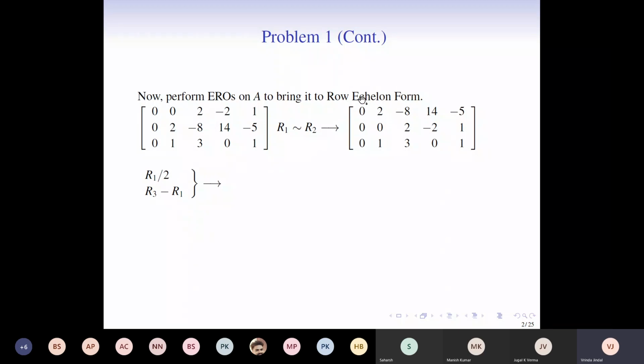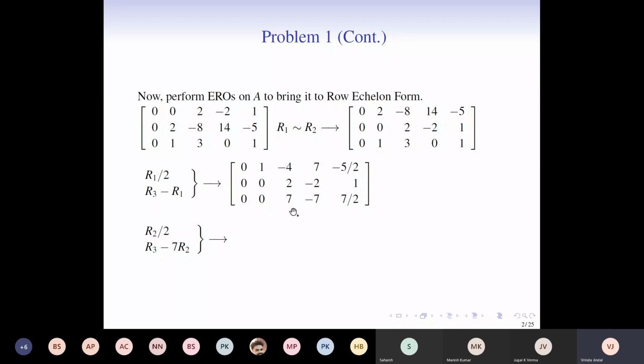And now once we have divided the first row by 2, we will get a 1 here, and using that one we'll eliminate this 0 that is present in the third row, so that we are able to get this column closer to the row echelon form. So doing these two operations, we get a matrix that looks something like this.